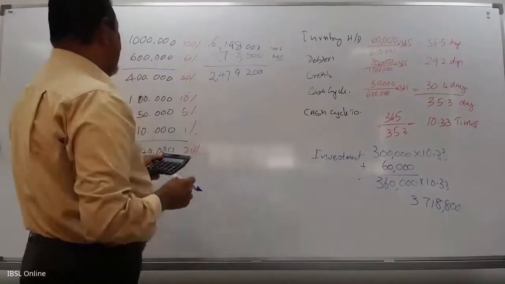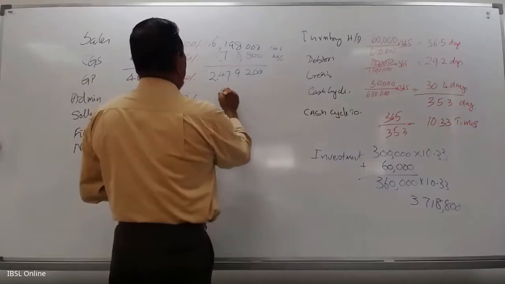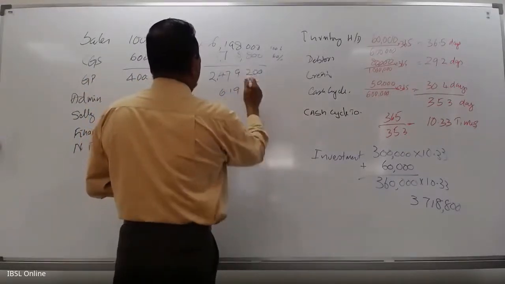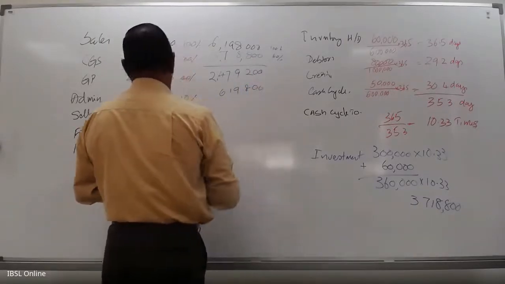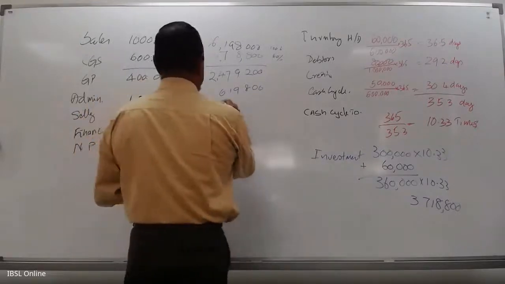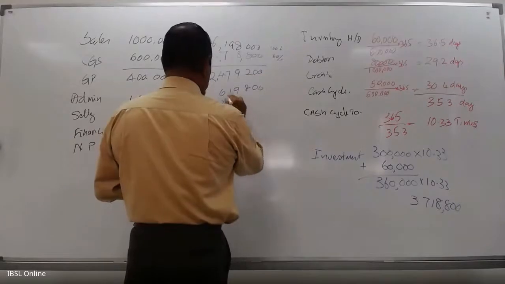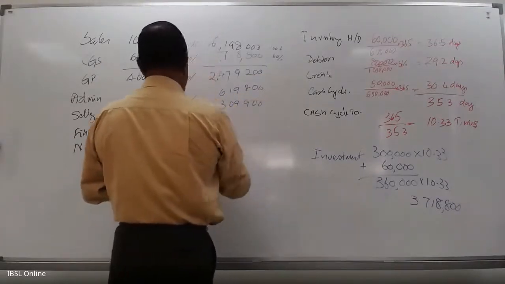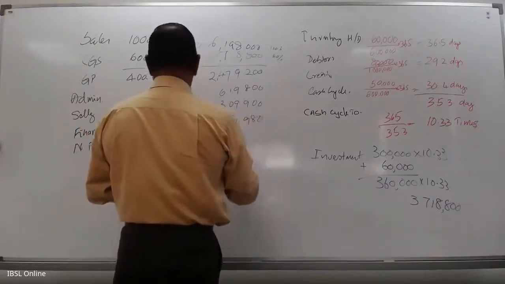Okay, administrative expenses 10% of the sales, that's 619,800. 5% is half of this, right? 10% of this 6190.